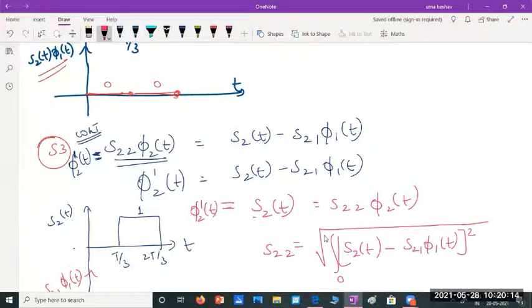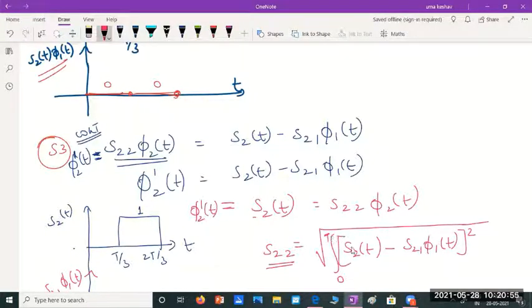These coefficients are always obtained as the root of energy. So which energy should I consider? From the equation, S22 into phi2 is S2 minus S21 phi1. If I'm interested in finding S22, we defined it in the Gram-Schmidt procedure as the energy under this signal, that is S2 minus S21 phi1 of t.